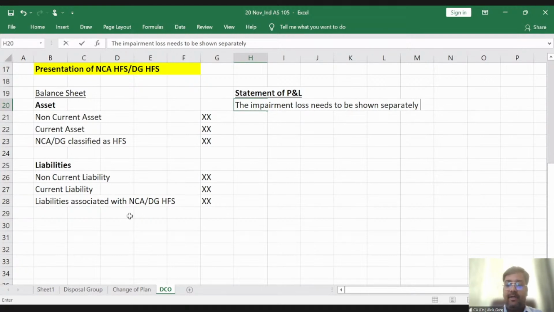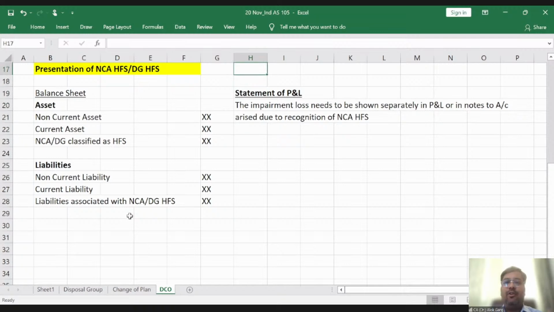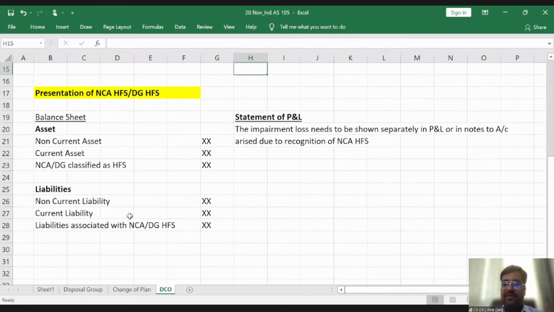Separately in P&L or in notes to accounts, it has to be shown separately. So nothing else is required to be shown differently in the statement of P&L. Why? Because it is only a group of assets or only an individual asset held for sale. It is not impacting my entire operations, right?